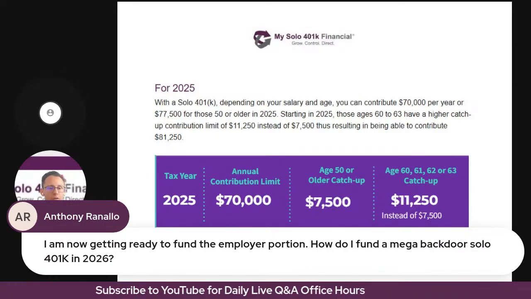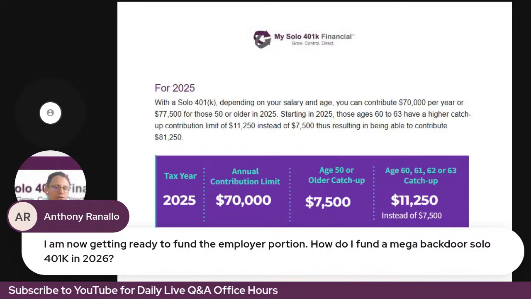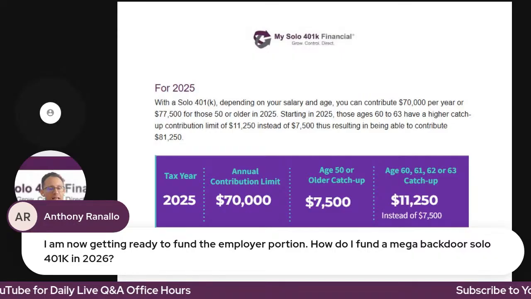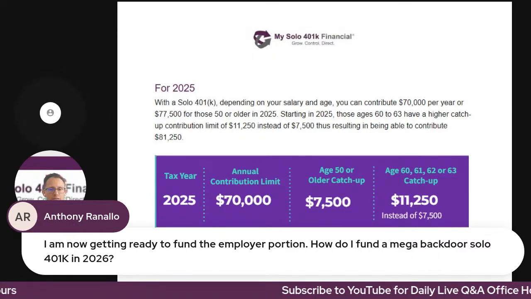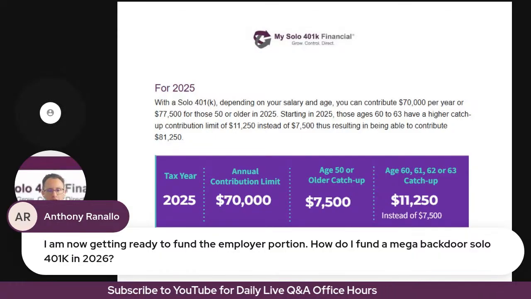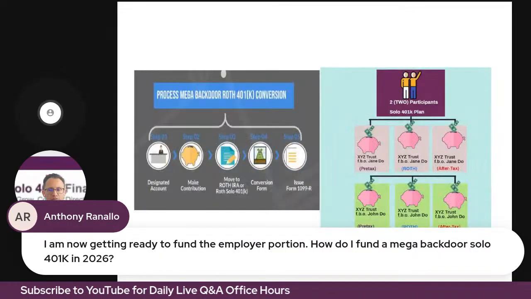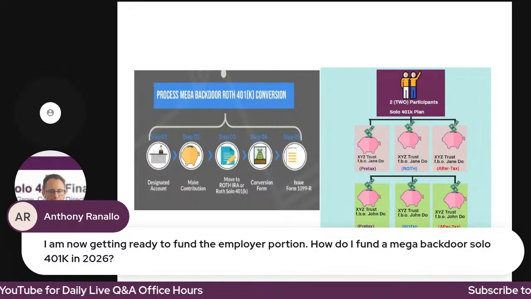Some clients forego making any other contribution and they just make voluntary after-tax solo 401k contributions only. So they'll contribute the full $70,000, for example, to the voluntary after-tax solo 401k. So they'll contribute it to this bucket right here.